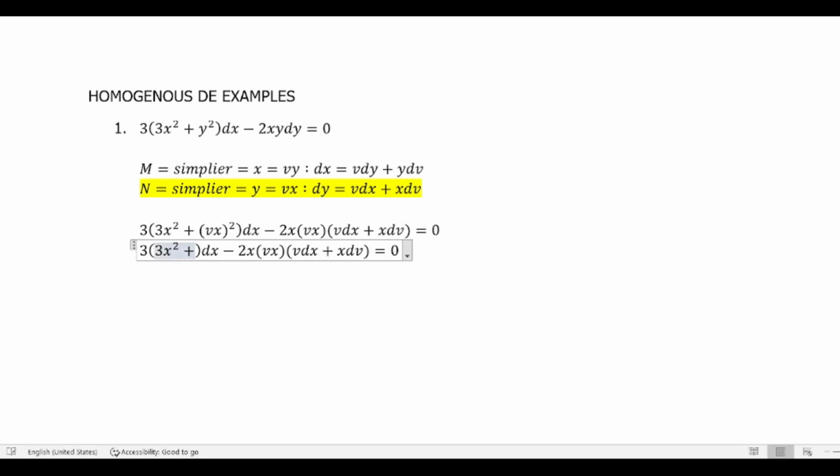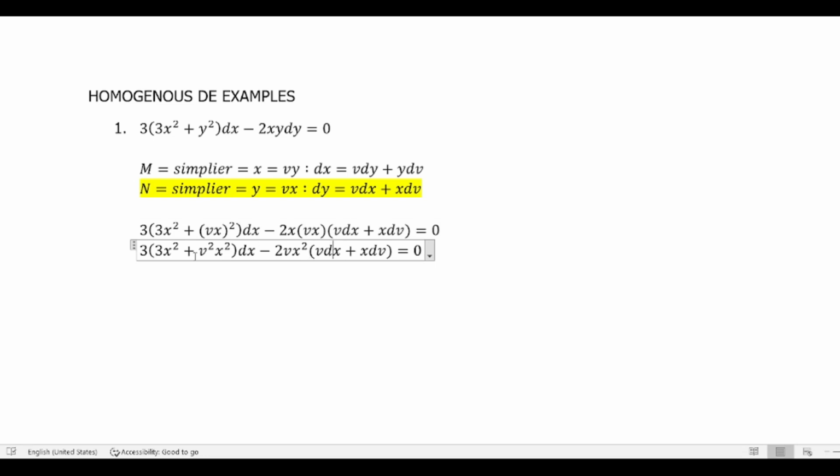So this would become v squared x squared. This one would also become v squared x squared, because there are two x's over here and when we multiply, we just add their exponents.